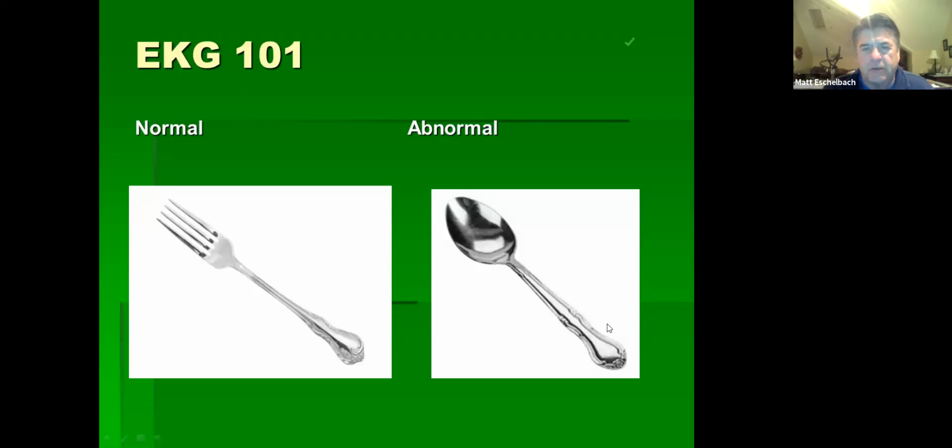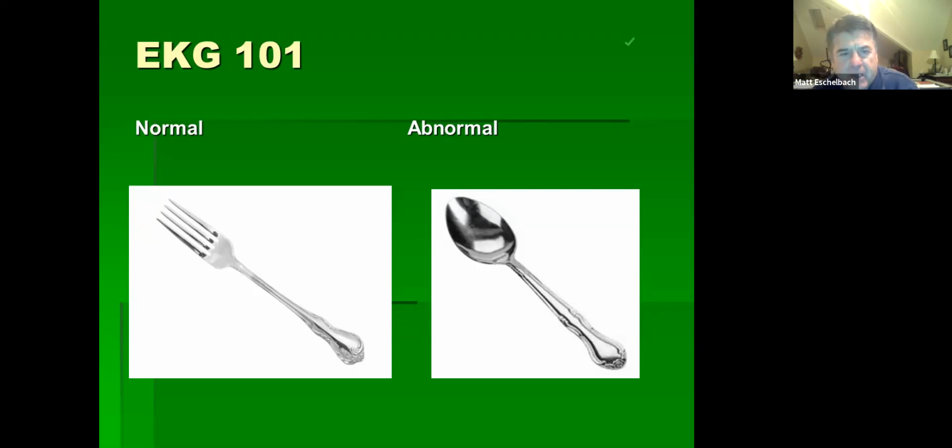This is totally random, but if you're waking up in the middle of the night, or it's dark and all the lights are off, and you're trying to put your hands in a drawer to recognize something, you know what a fork looks like and feels like. You know what a spoon looks like and feels like. And that's what EKGs are. If you look at enough of them, it doesn't matter what time of the day or night it is, all you have to do is do a quick glance or a quick feel, and then you know what you're dealing with.